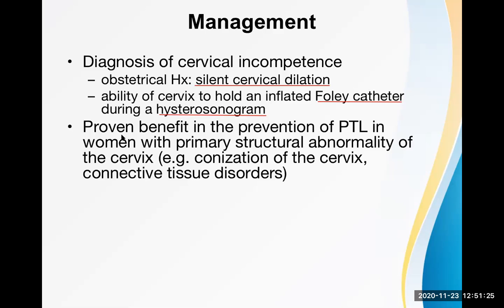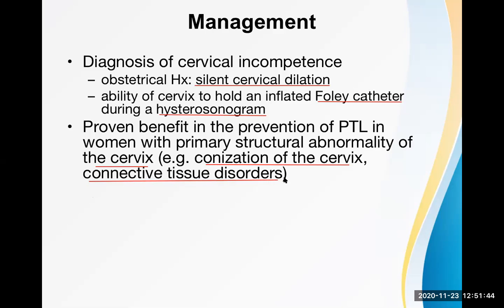Now, there is a proven benefit in the prevention of preterm labor in women with primary structural abnormality of the cervix, done by conization of the cervix, or in connective tissue disorder. These are the two important causes of cervical incompetence.